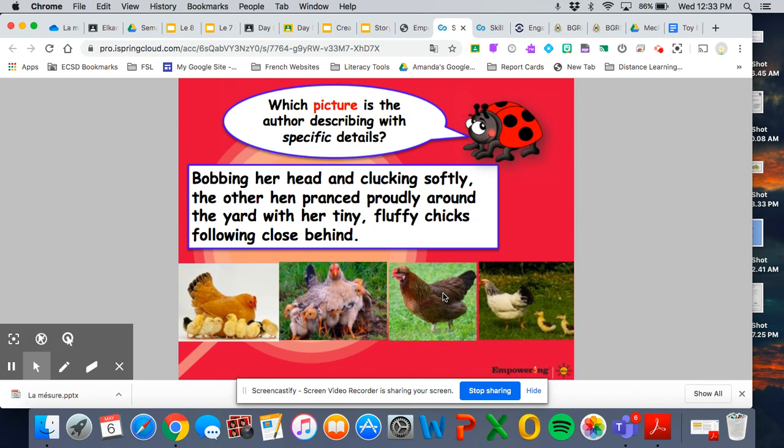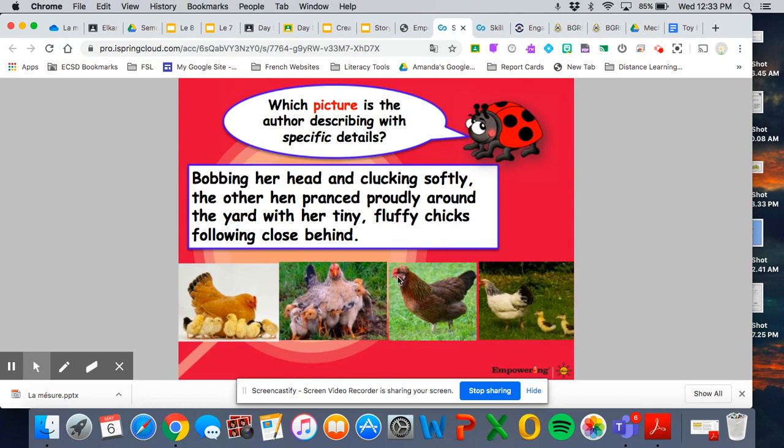Okay, now I want you to look at the pictures of the chickens and their babies below. Which picture is the author describing with specific details? Bobbing her head and clucking softly, the other hen pranced proudly around the yard with her tiny fluffy chicks following close behind. Well, I see four pictures of chickens.